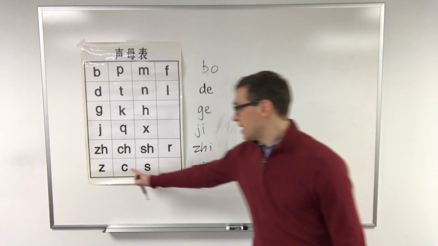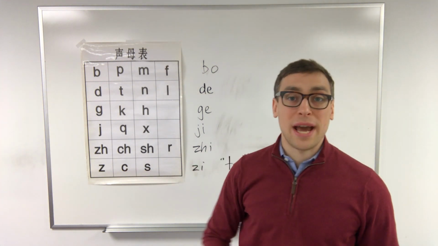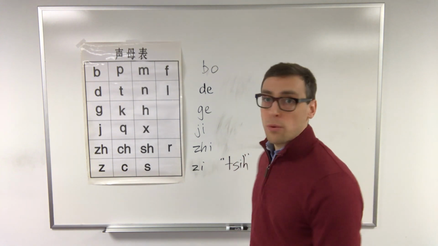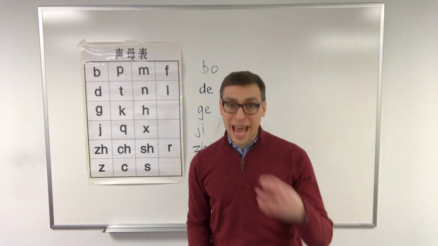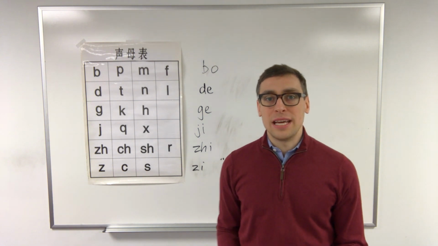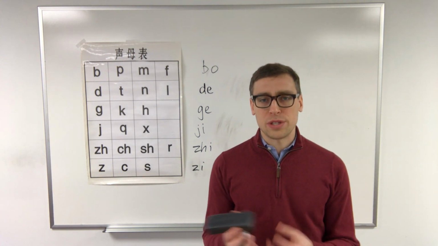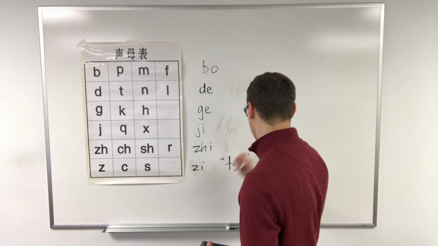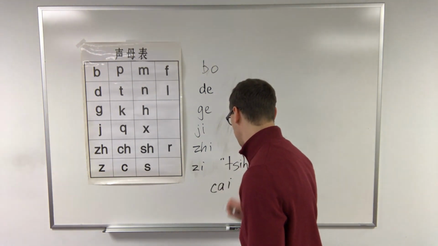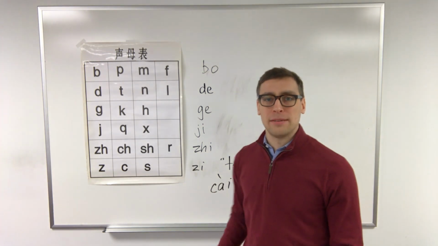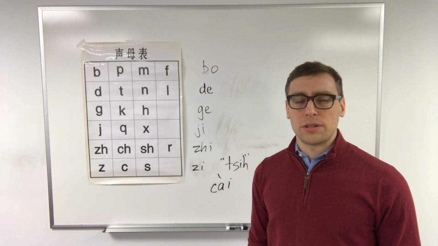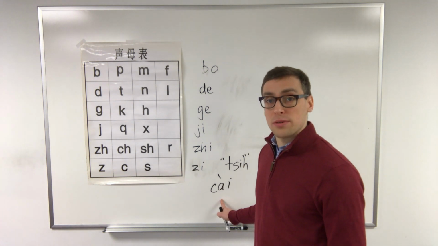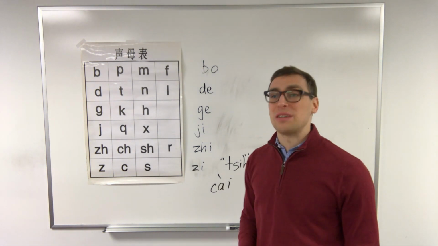This C. A C by itself is like a TS sound. So what I tell all of my students is we have this TS sound in English, it just never starts words. So when we're asked to start a word with a C, for example, 菜, it's a little bit awkward at first, but with practice you also can produce this TS sound, 菜.